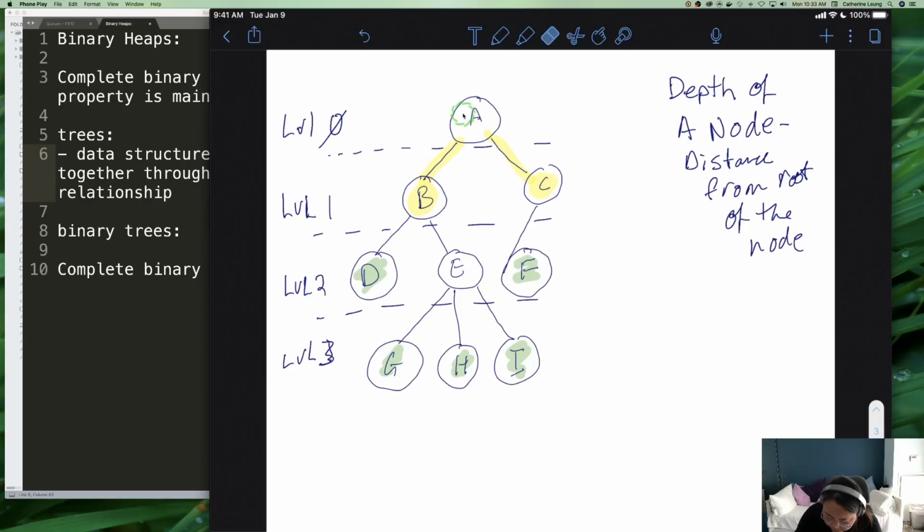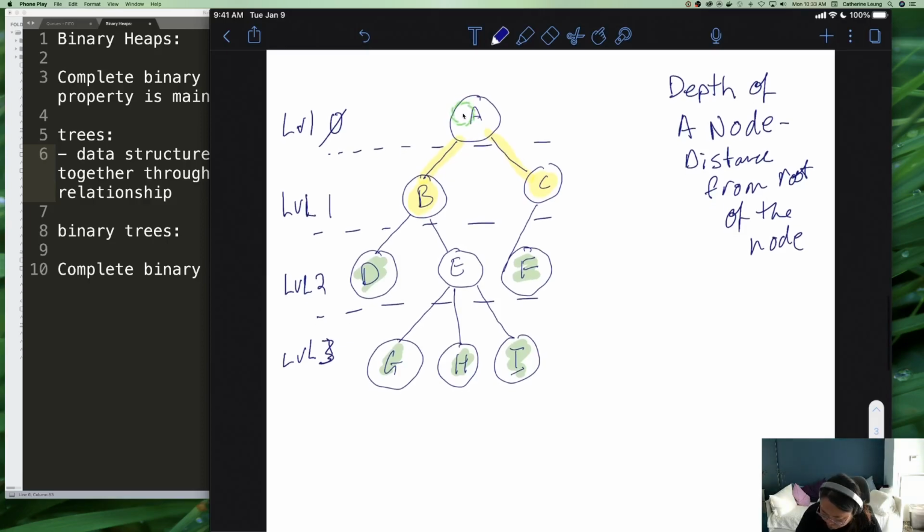Now that idea, the depth of a node: for example, G is at depth 3. D is at depth 2.